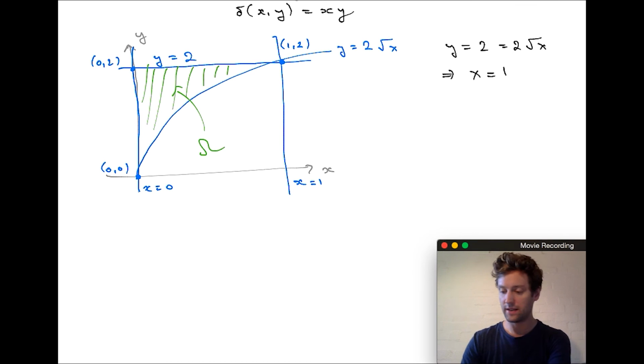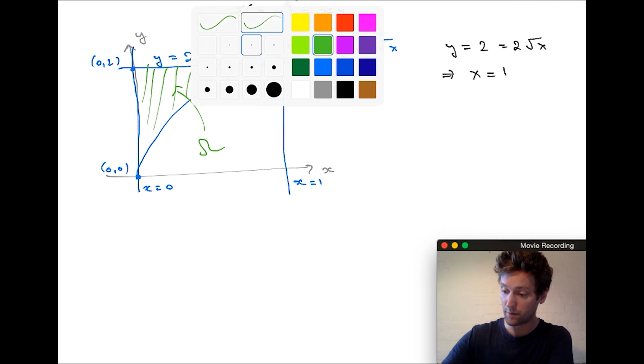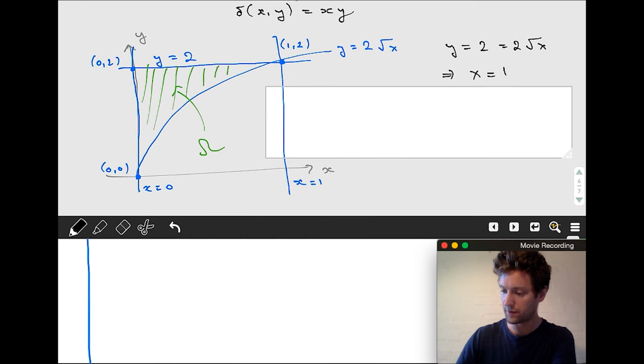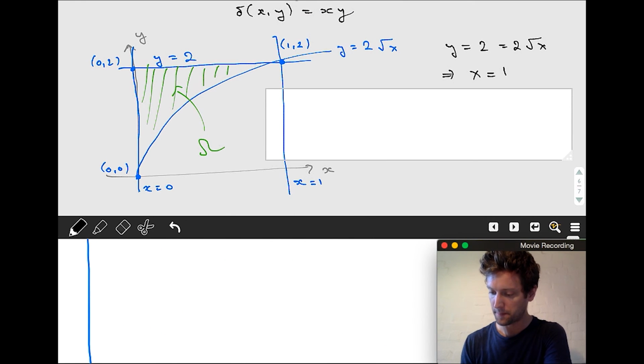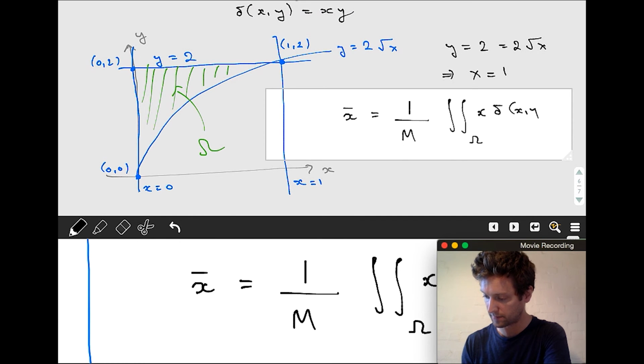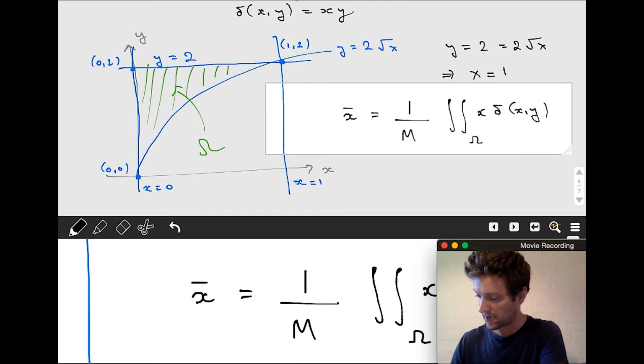So now we're going to calculate the center of mass coordinates of our lamina. And we're going to do that using these formulas. So we have the center of mass coordinate in x is going to be given by 1 divided by the total mass times the double integral of x delta xy dA.